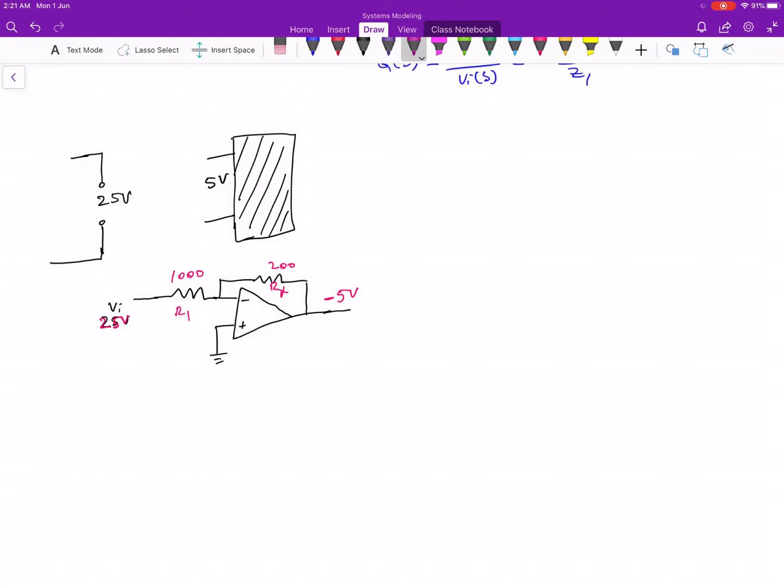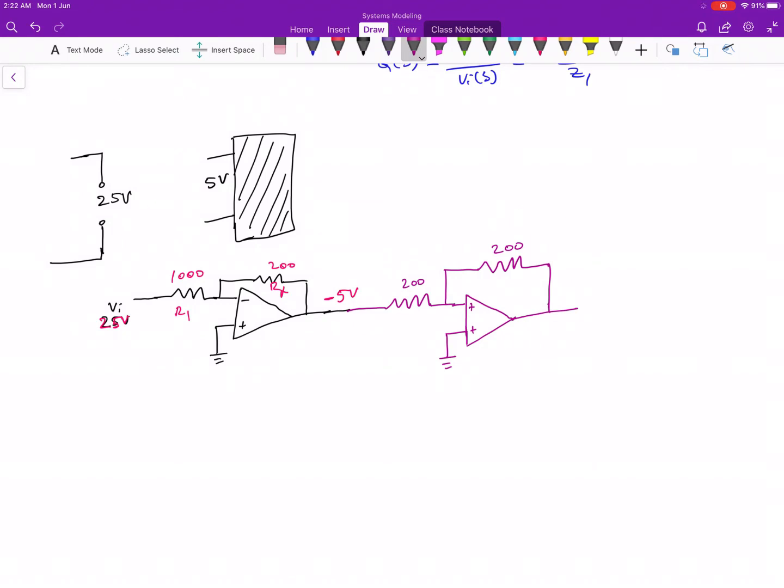Maybe we can add another amplifier. Let's see what will happen if we add another amplifier. If we add another amplifier and we make R1 equal to RF, all this is going to do is flip the sign.